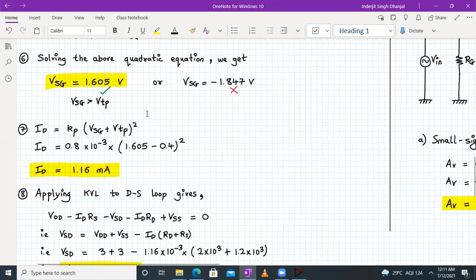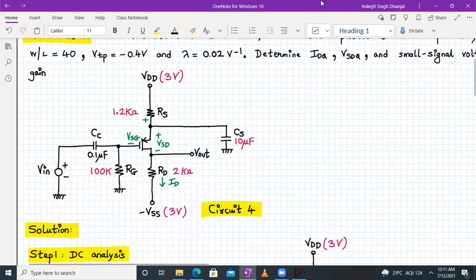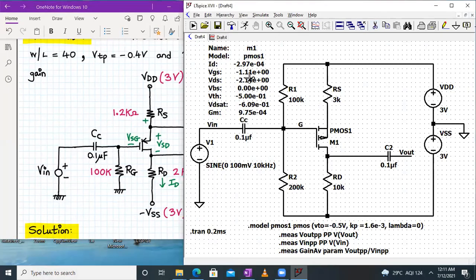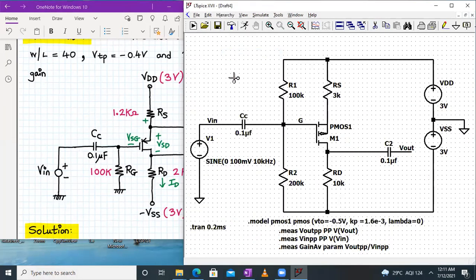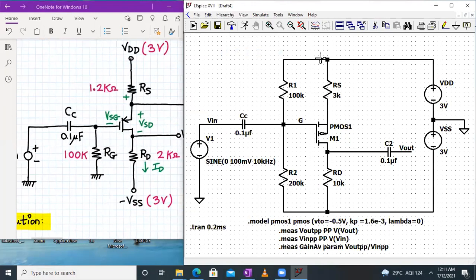Now next, we simulate this in LTSpice and verify the results quickly. So let me minimize this. We have done this estimation for the earlier sum. So what we will do is we will have to delete a few resistors to make it suitable for this circuit. So we have to remove this, and then we have to remove this wire so that there is a separate ground for this.